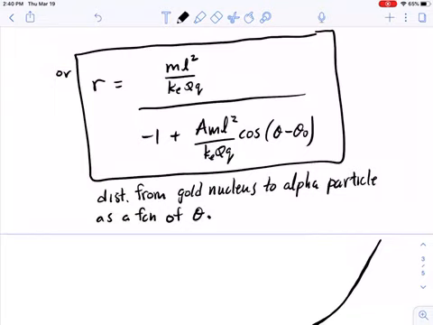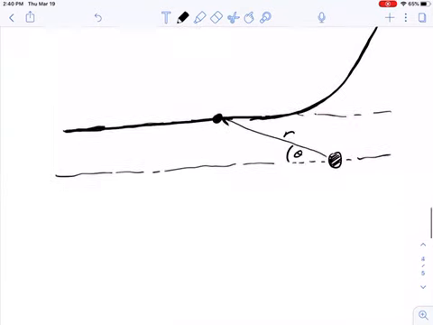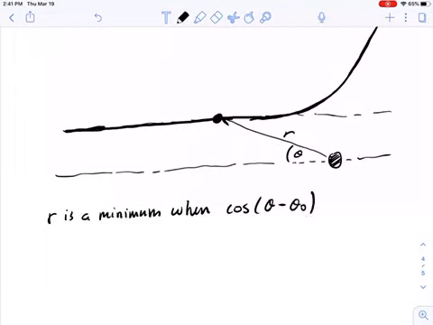And so when the cosine is equal to 1, that makes the denominator a maximum, which minimizes r. So r is a minimum when the cosine function, cos(θ minus θ naught), is equal to 1. Well, cosine is equal to 1 when theta minus theta naught is equal to 0, or theta is equal to theta naught.